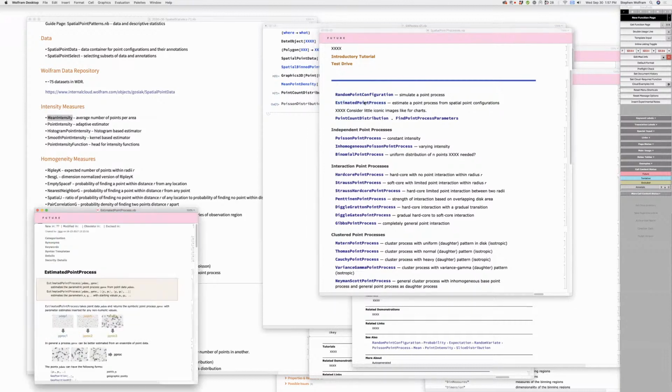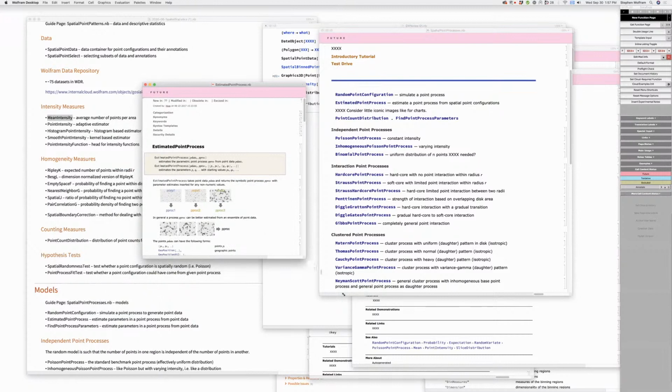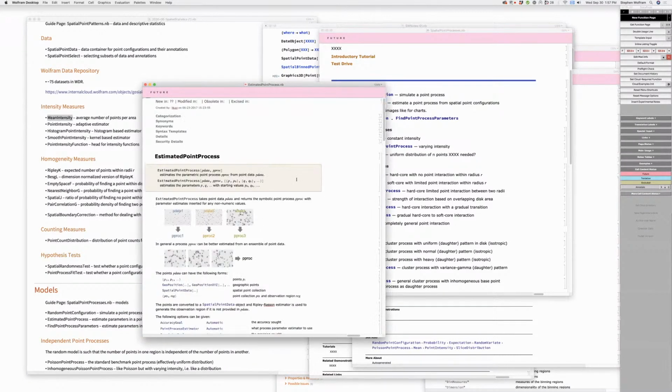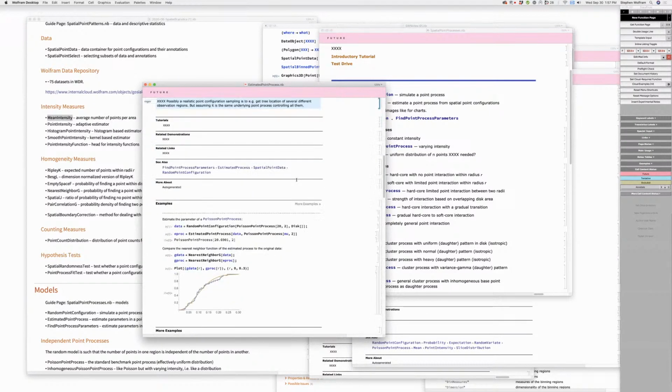So given that it's a Poisson distribution, can you determine which Poisson distribution it is? Point process, yes, but in this case, this is a process. Say a Poisson point process means that you expect a uniform distribution, so you want to know what's the density, the parameter in your Poisson point process.